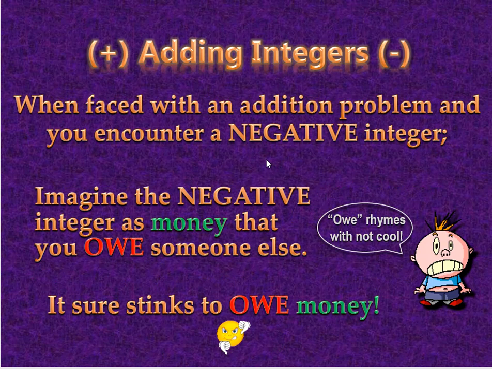When you are faced with an addition problem and you encounter a negative integer, imagine the negative integer as money that you owe someone else. And it sure stinks to owe money. So the way that you are going to know if an integer is negative is you are going to see a negative sign in front of it, like this, -5.